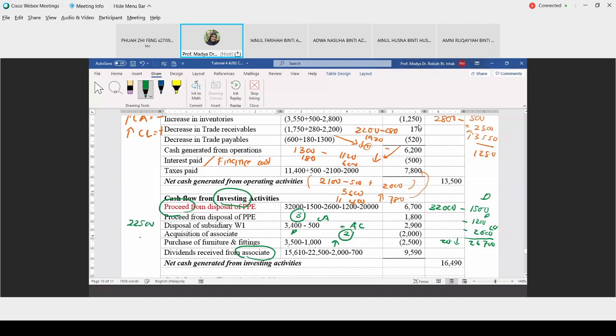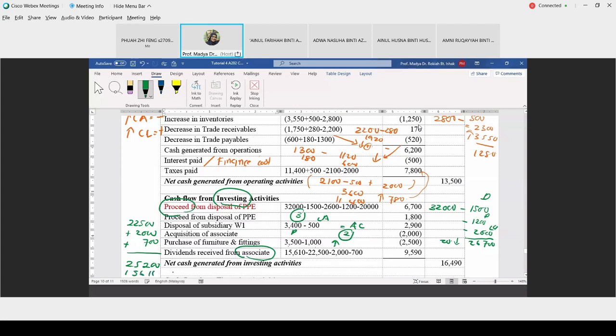And then you bought a new associate interest, you acquired 30%. So plus 2,000 here, and then plus also share of profit from associate 700. So you're going to have 25,200. Compare with the ending balance that you have for associates here, which is 15,610.